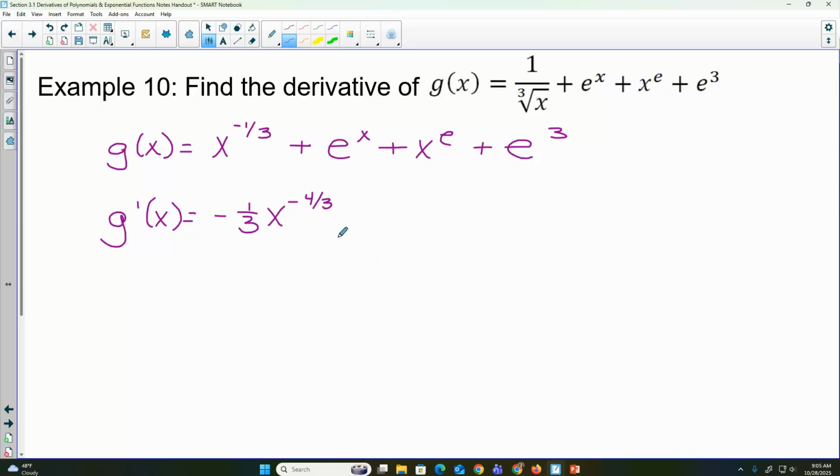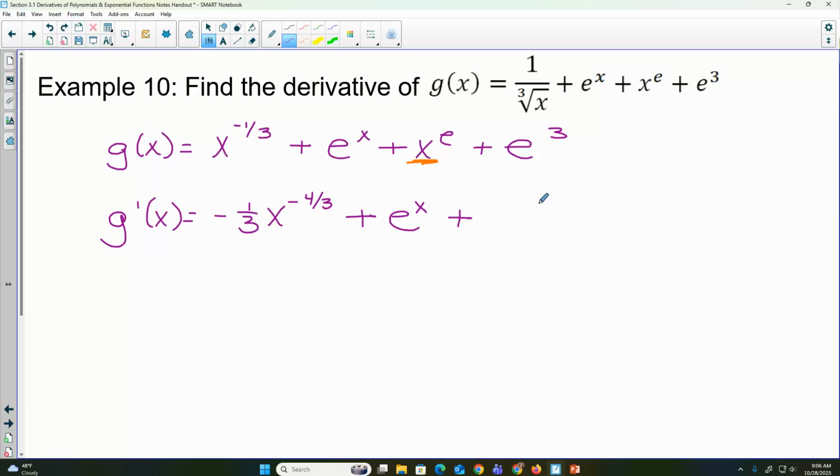Plus, what is the derivative of e to the x? Plus, all right, now we have to think a little. The derivative of x to the e. What do you think that would be?